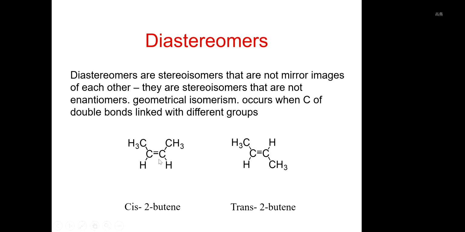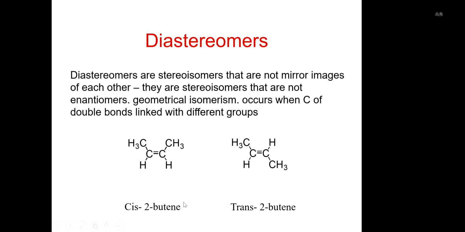If the methyl groups linked with the two carbon atoms composing the double bond are on the same side of the double bond, then it's called cis-2-butene, right?